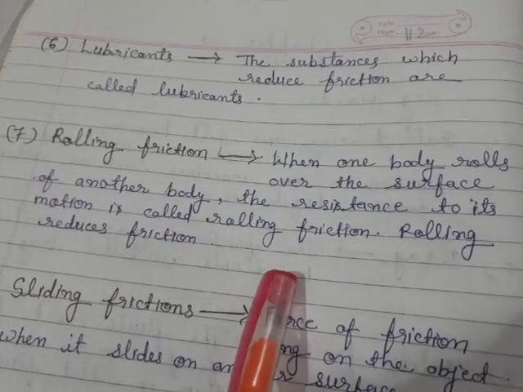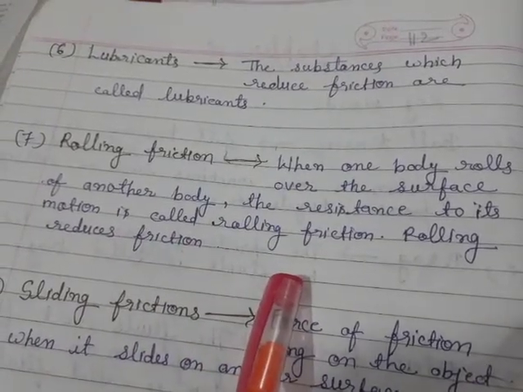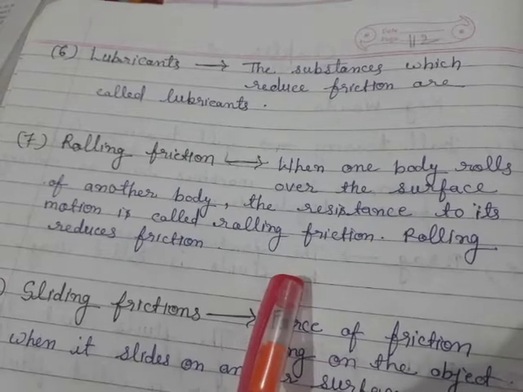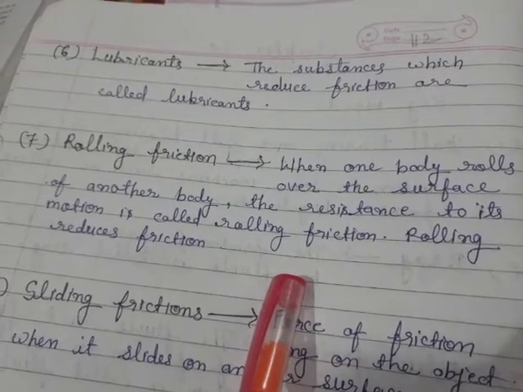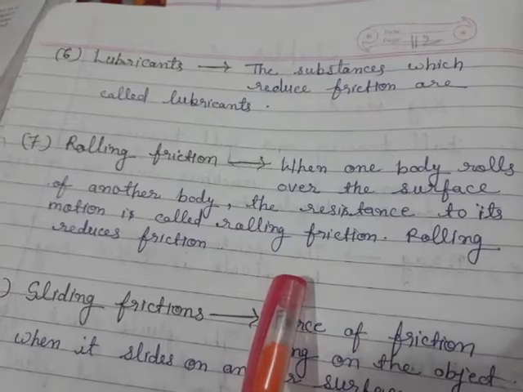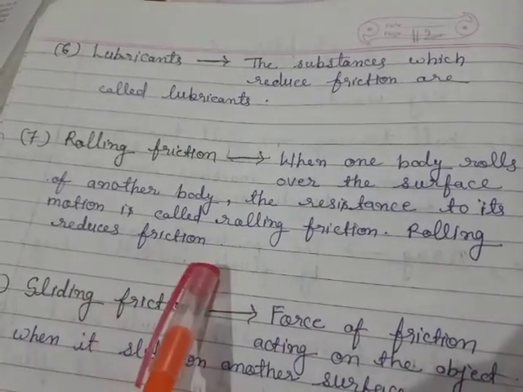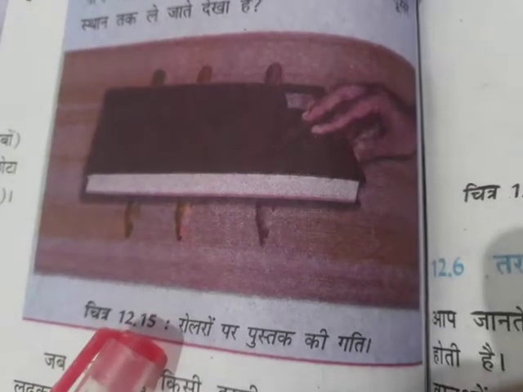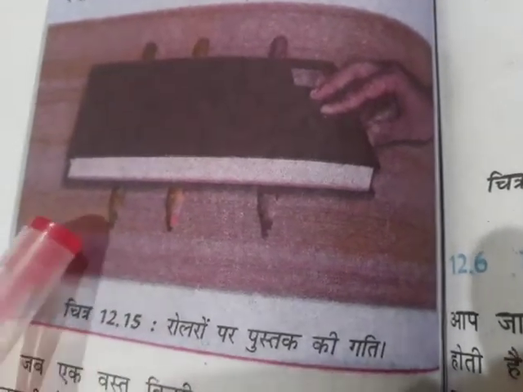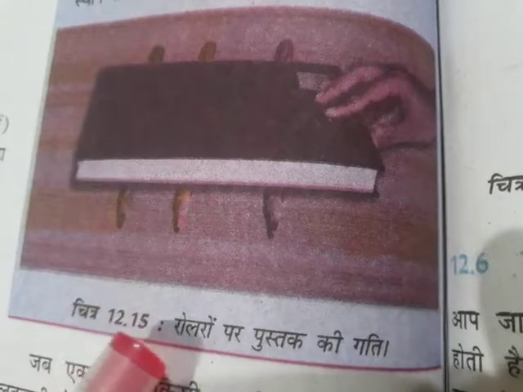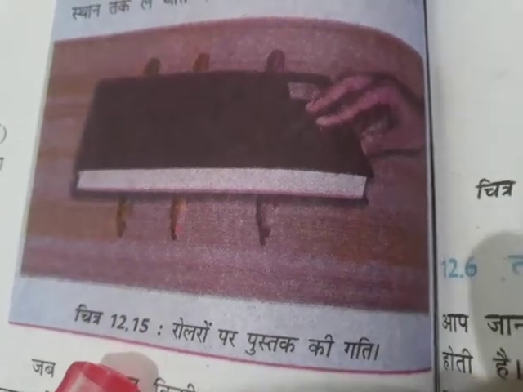When one body rolls over the surface of another body, the resistance to its motion is called rolling friction. Rolling reduces friction. This diagram shows the motion of books on rollers.